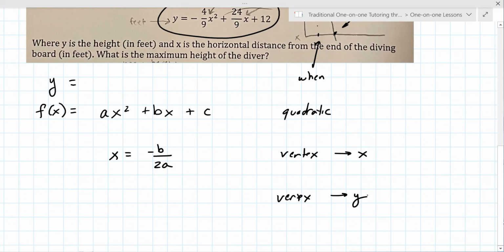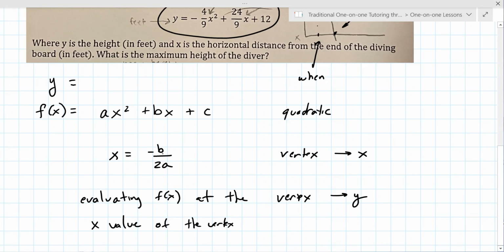You can also be asked for the vertex y value. Okay. And I got to do this in words, otherwise it's confusing. It's evaluating f of x at the x value of the vertex. Like, let's say this is 2. You put that 2 back in for x in the original function.